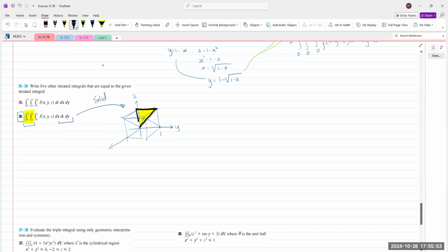So we know this is the original yz plane. So yeah, I think that's what it will look like.